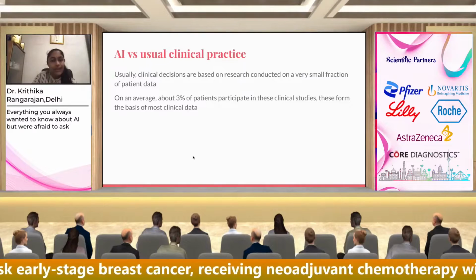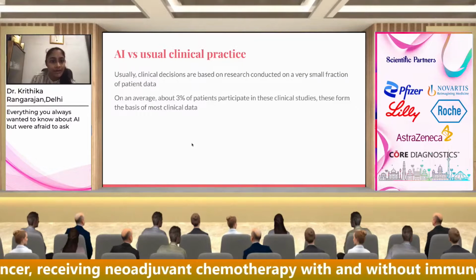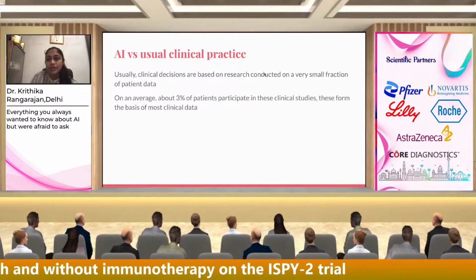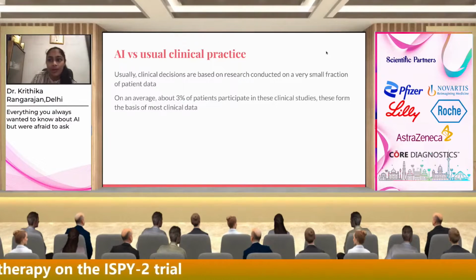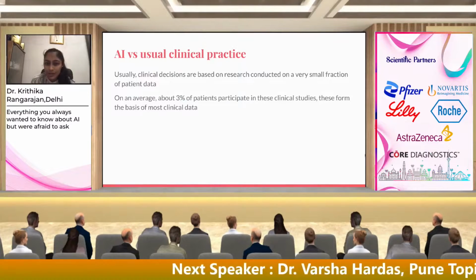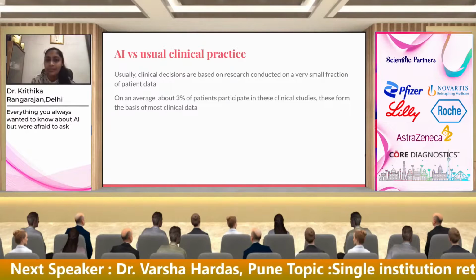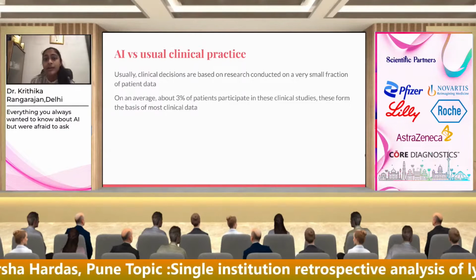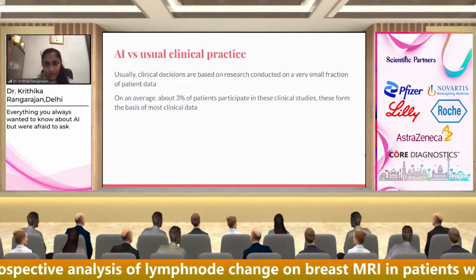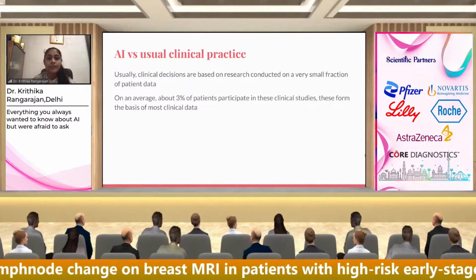Talking about AI versus usual clinical practice. Usually, clinical decisions are based on research which was conducted on a very small fraction of patient data. For instance, it was seen in a study that only about 3% of patients participate in clinical studies, which are the basis for us to decide many treatment options that we use in the current day.